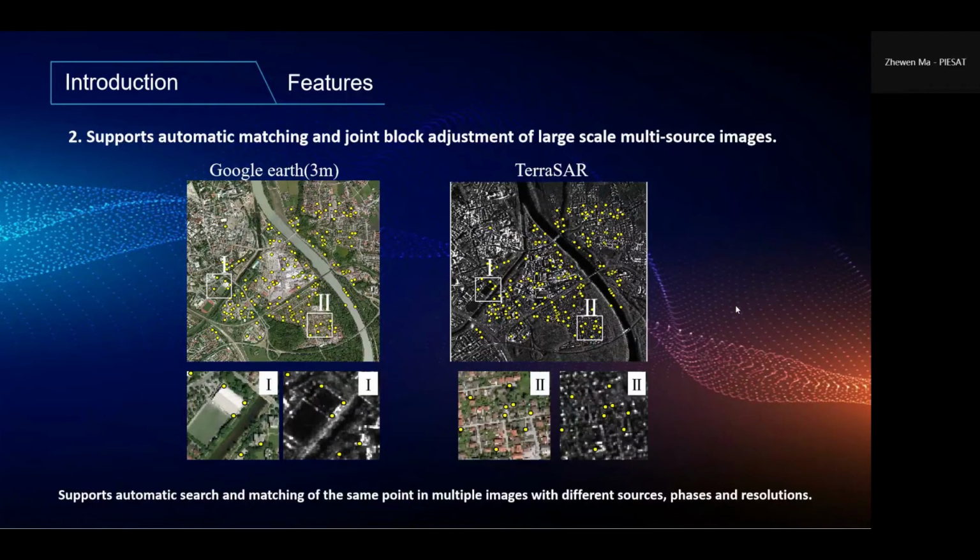The first one on the left shows an image from Google Earth with 3-meter resolution, and the other on the right shows the same location from Terrasar, using PyAuthor to do the matching for the same name point, and also perform the orthophoto correction.